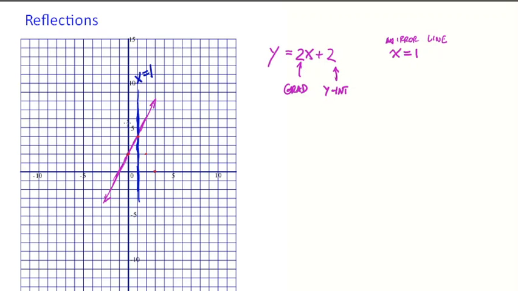So we can already see how our line is going to look. So our reflection is this red line here, and also it keeps going down, keeps going up. Now what if I asked you what's the equation of this line?